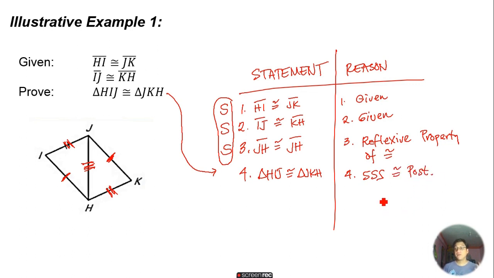Okay, so let's review again. How do we do this? You make a table: statement, and then reason. The first thing to do is to write all of the givens, and of course the reason is given. Then you determine if it is a side or an angle. In this case, sides. Then you go to the figure so that you will be given a clue, and complete the congruence postulate.